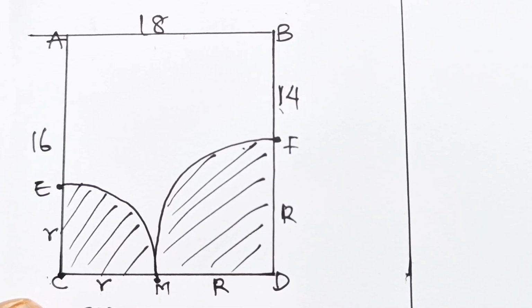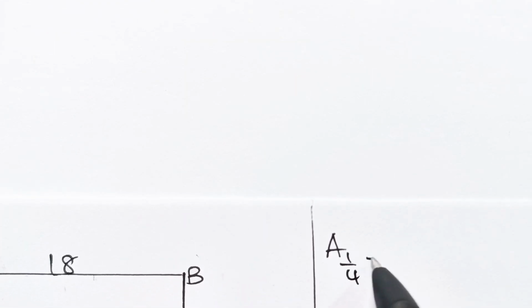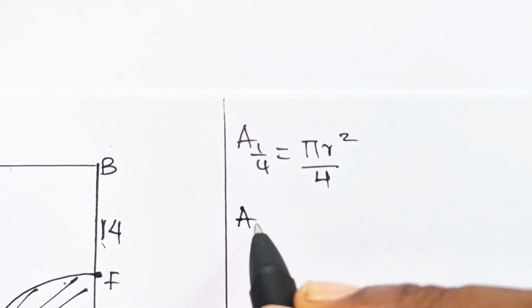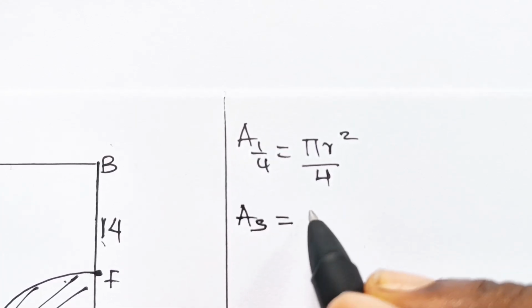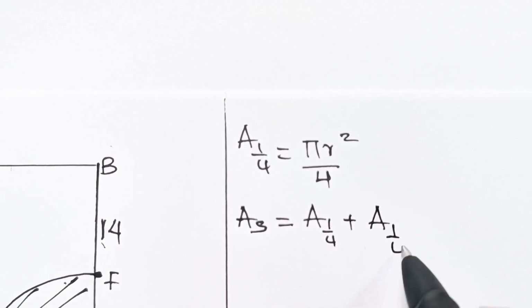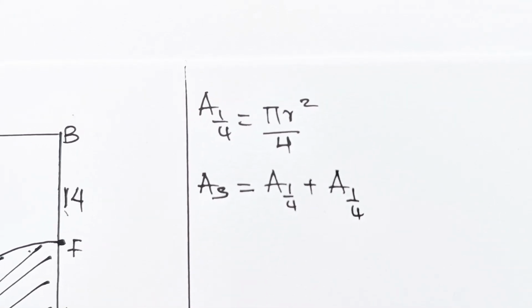Now, area of a quadrant is equal to pi r squared divided by 4. So the area of the shaded portion should be equal to the area of the first quadrant plus the area of the second quadrant, right?